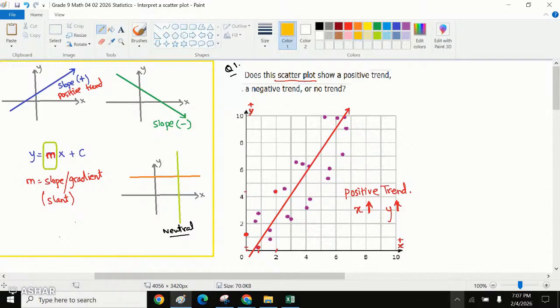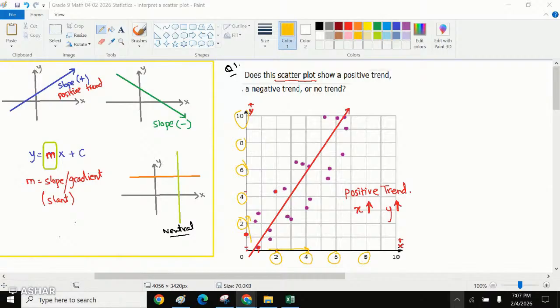What we can see over here is when we are increasing the values of x from 2 to 4 to 6 and 8, the values of y are also increasing from 2 to 4 to 6 to 8 and so on, right? That means if x is increasing, y is increasing, that is a positive trend. Okay, do we agree on this? Thank you. Let's move ahead with another example.